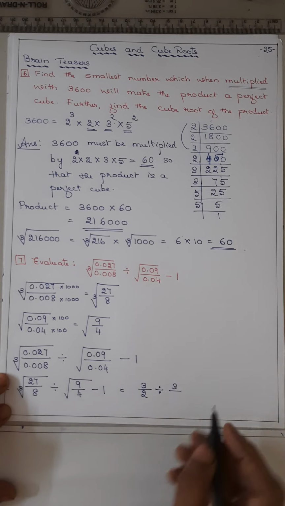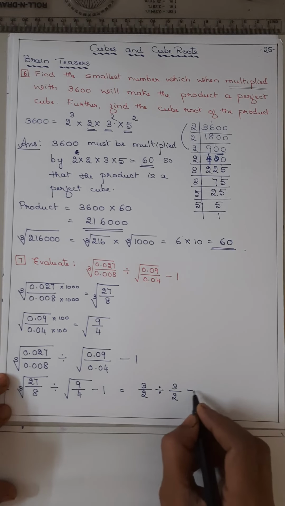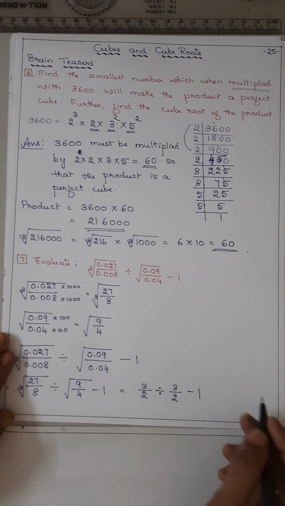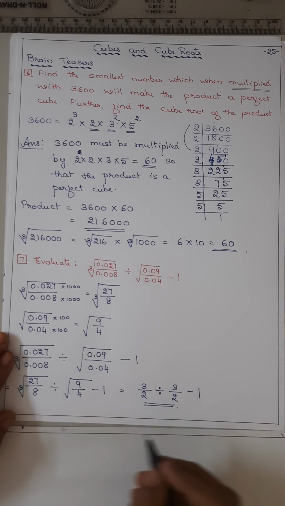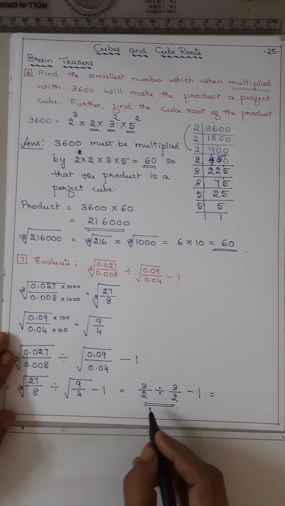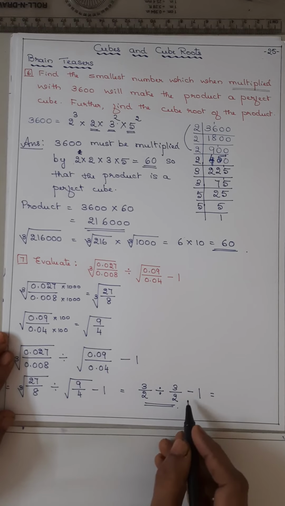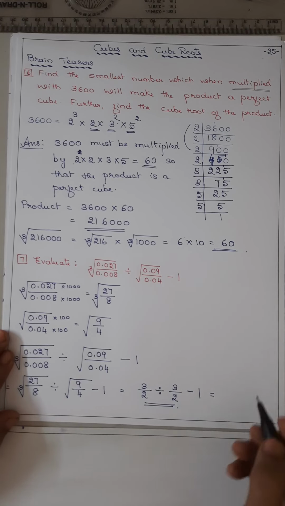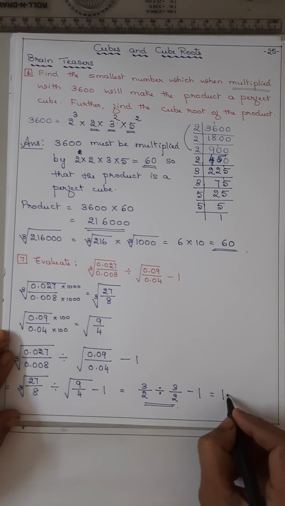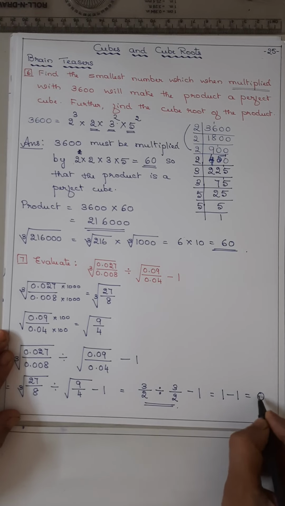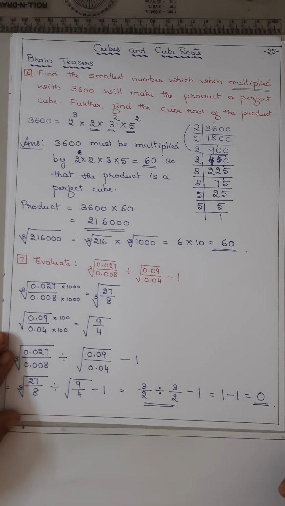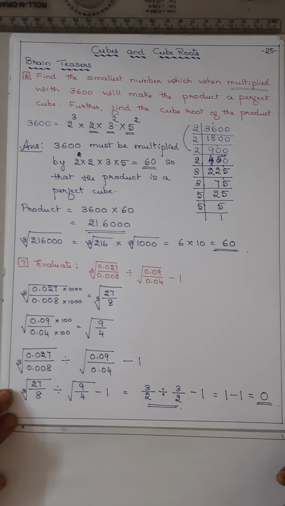Square root of 4 is 2 minus 1. Now division you have to do. So 3 by 2 divided by 3 by 2 is 1 minus 1. Answer is 0. Hope you understood.